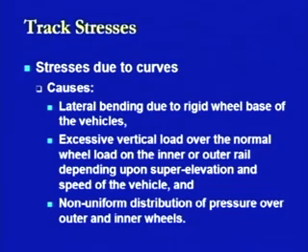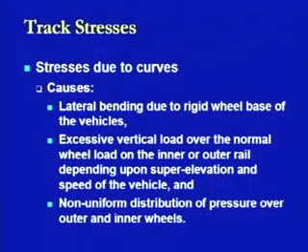Similar is the case when the super elevation is being provided so as to counteract the centrifugal force. If the super elevation provided is not sufficient to counteract the centrifugal force, then also there will be certain stresses induced. In that case, the excessive vertical load over the normal wheel load on the inner or outer rail depends upon super elevation and the speed of the wheel.